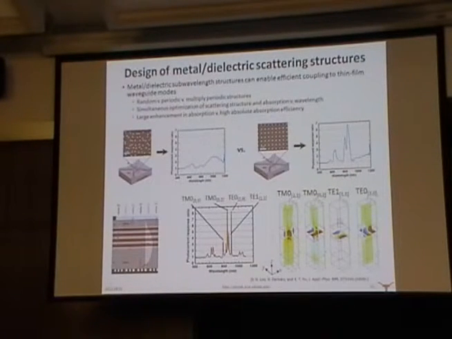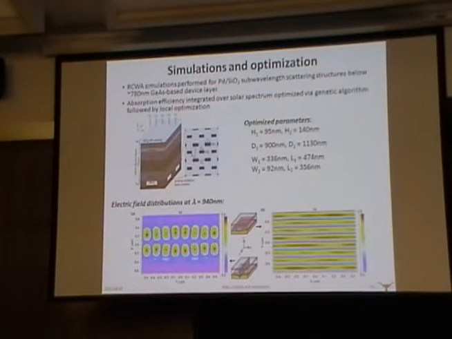And in this type of structure here, what we're mostly trying to do is to increase absorption at wavelengths where you have only absorption in the quantum wells. And so that's maybe up to a few hundred nanometers in bandwidth. So you can probably engineer structures with periodic scatterers that will do a good job of this. Okay, so that's a reasonable starting point. So once you have that, then what you do is you do simulations, right, of a semiconductor device structure here.